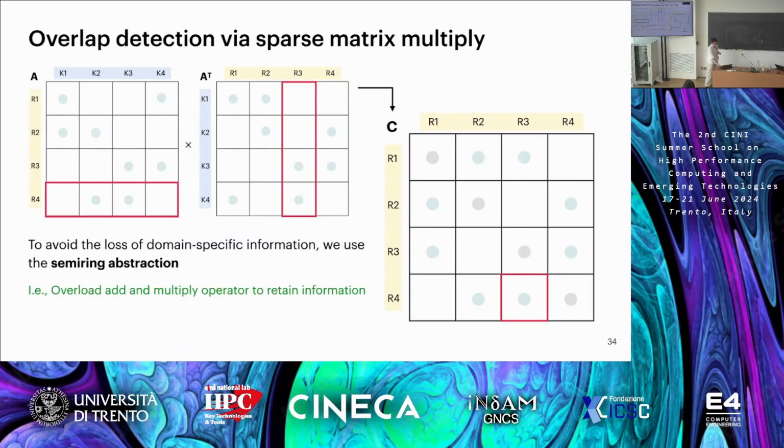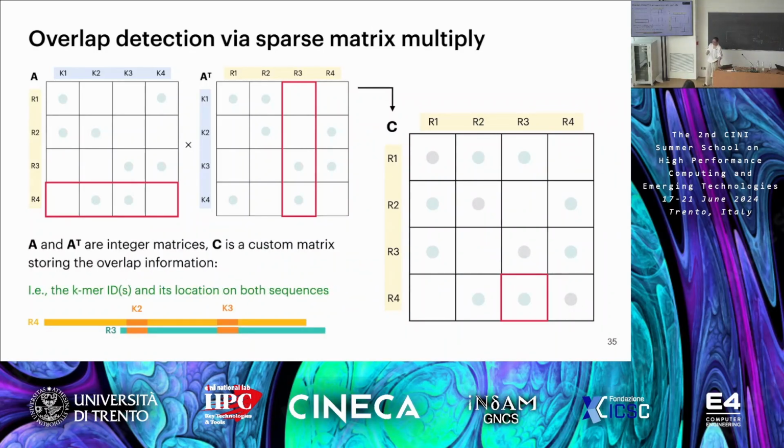And so what we do is overload add and multiply, and the output type, so the type of the output matrix C, is basically this structure, which is an array of positions of k-mers.